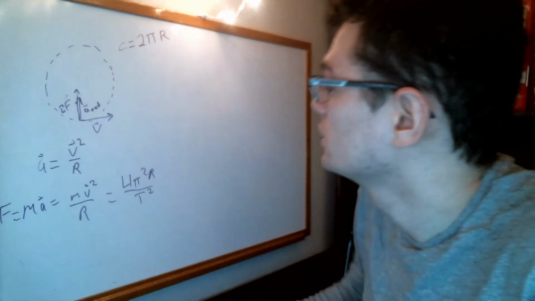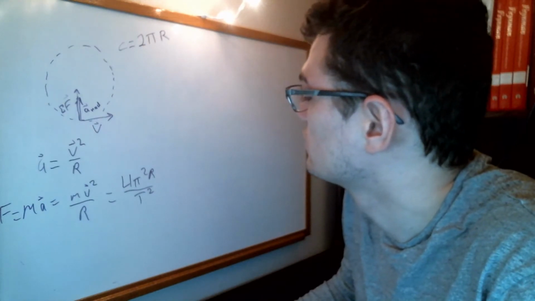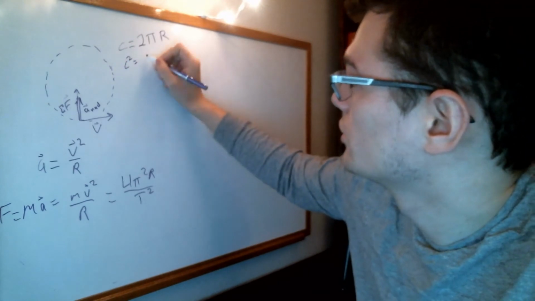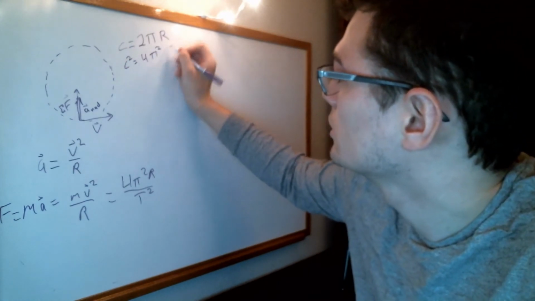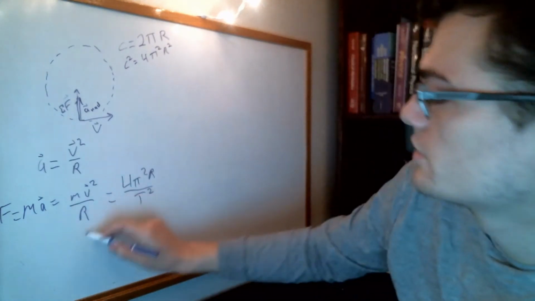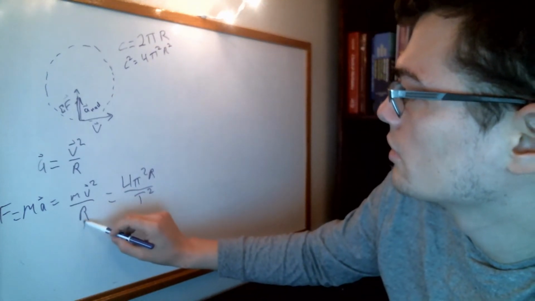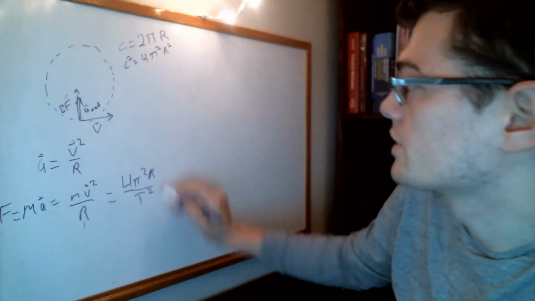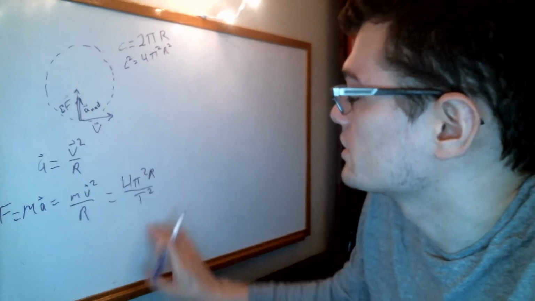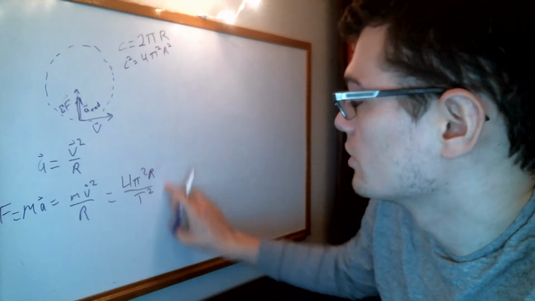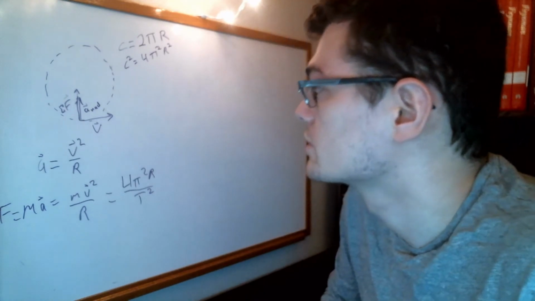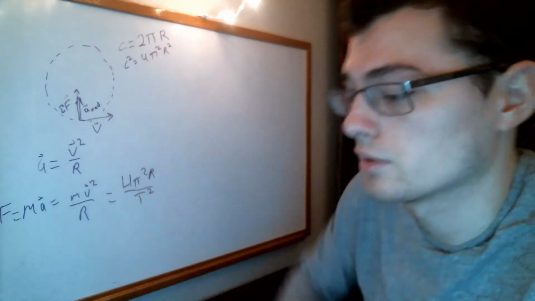So this is c. And so then this squared is going to be equal to 4 pi squared r squared. That's where there's an r on the bottom, so one of the r's cancels out. And so this is how we describe this within the period of the motion, for the time it takes for this to take one loop around.